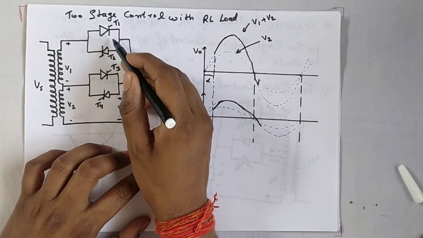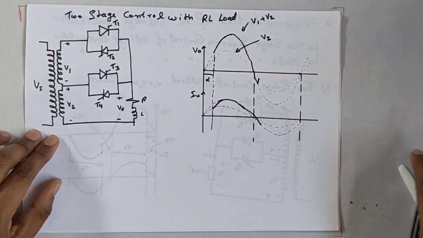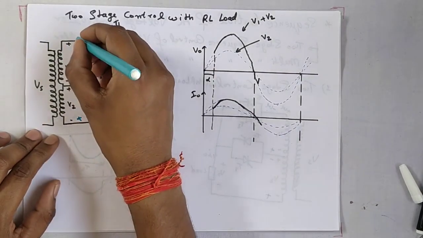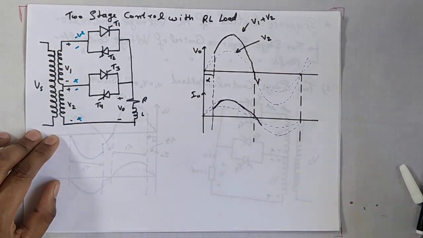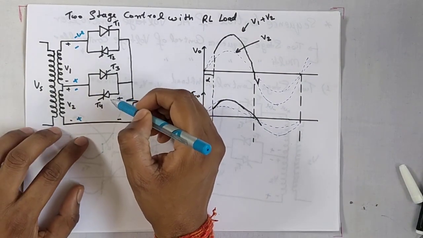When T1 is off, for the negative cycle, negative cycle means this one is plus, this one is minus, this one is plus, this one is minus. This one is the negative cycle. At that time, we trigger T4.